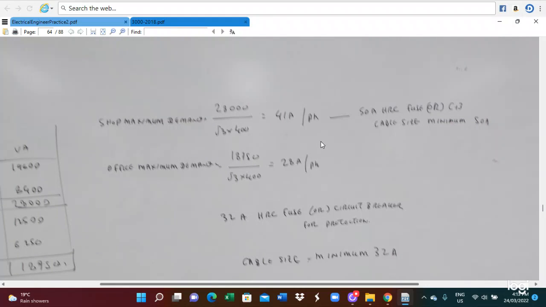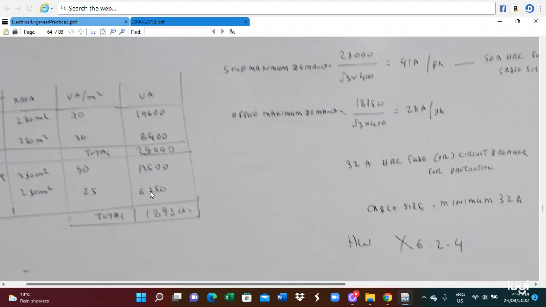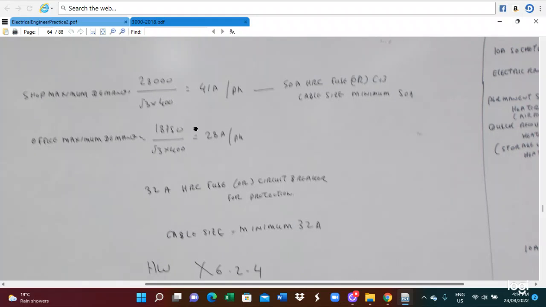Also for the office maximum demand, you add those values and divide by root 3 times 400, and you get 28 ampere per phase. So which one is bigger?